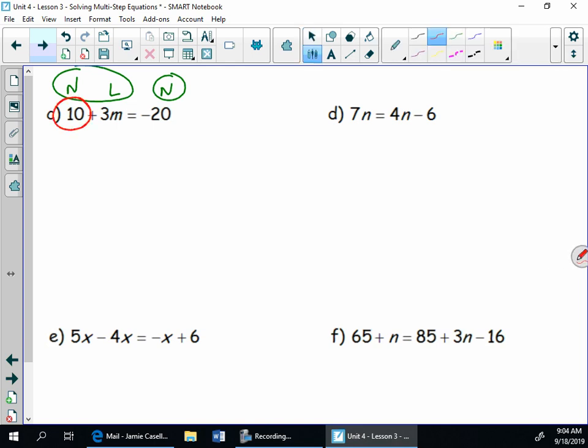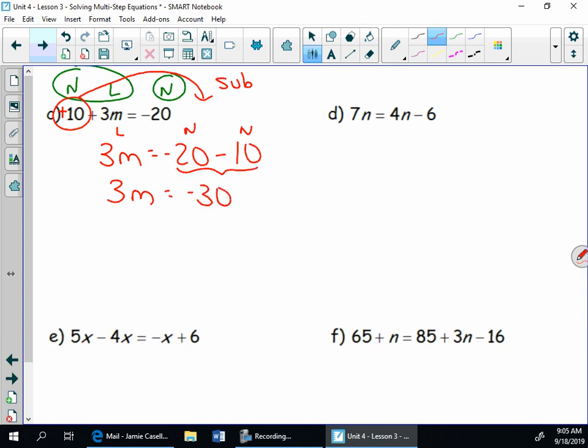If I take the 10 and move it over here, well, 3m stays where it is, negative 20 stays where it is, and the 10, which has a plus sign in front that we don't see but we know is there, has to do the opposite, so it has to subtract and becomes minus 10. Now I've got letters, numbers, and numbers. Let's collect them. Negative 20 and negative 10 collected together makes negative 30. But that's 3 m's. We want to know 1m. So we divide by 3. What I do to one side, I do to the other.